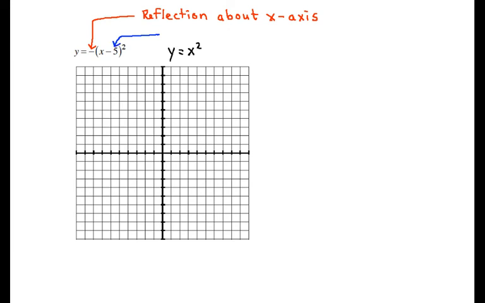Note that the 5 is subtracted directly from the x variable. It's not subtracted from the outside after squaring. That's how we know it's a horizontal shift. And having identified this as a horizontal shift, we then know that this is the kind that goes in the counterintuitive direction. It's a subtraction of a number, and yet it goes in the positive direction, and therefore it must be a shift right 5.